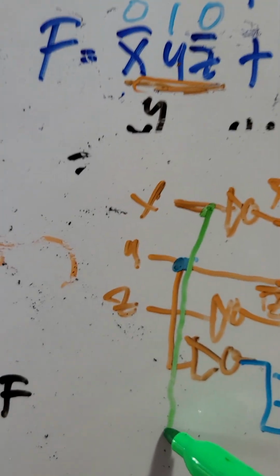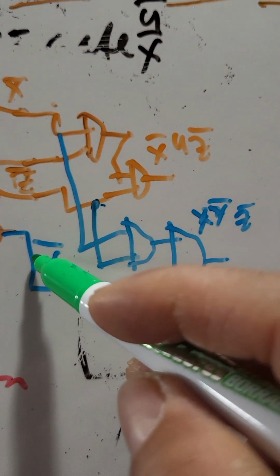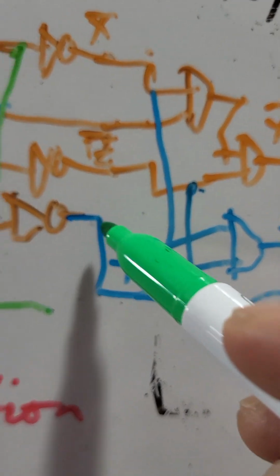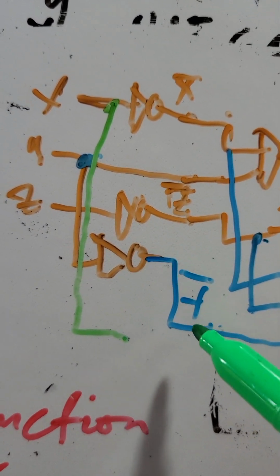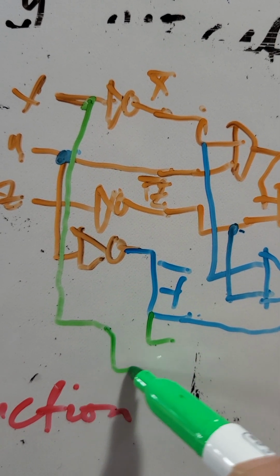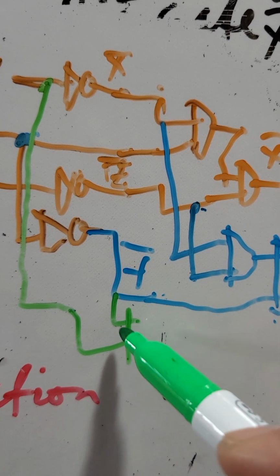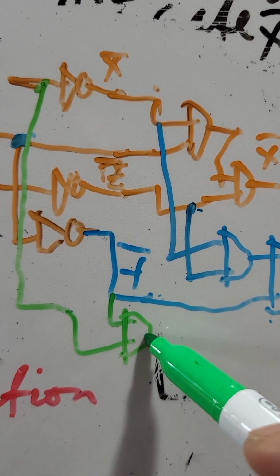Then y bar. So we have here y bar. Then you can add that one so that you will not get lost.